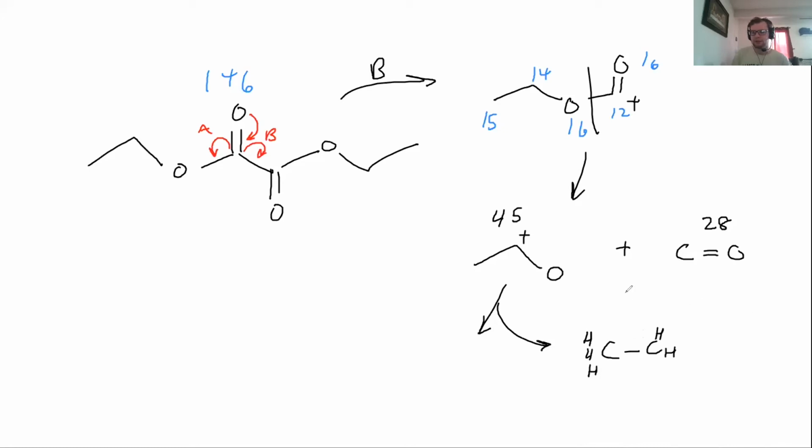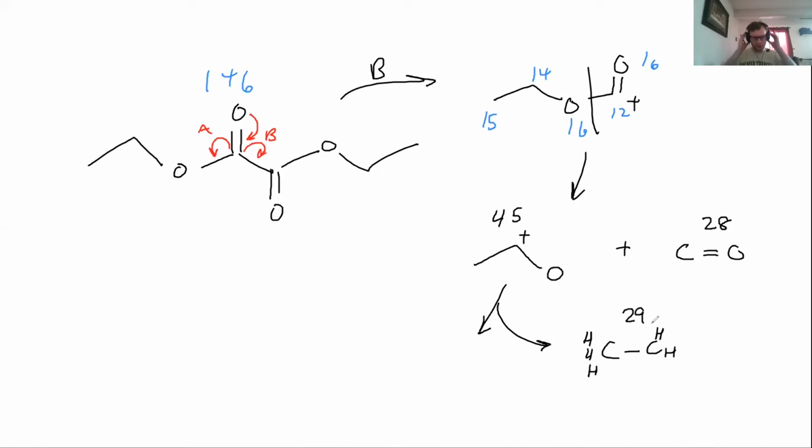And this guy, so this would be 15 plus 14, and that's how we get our large 29 peak. This is the most common cation that's going to be there. So this would be our 29 peak.